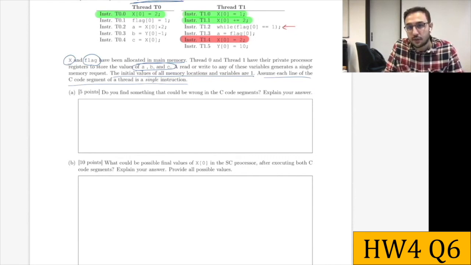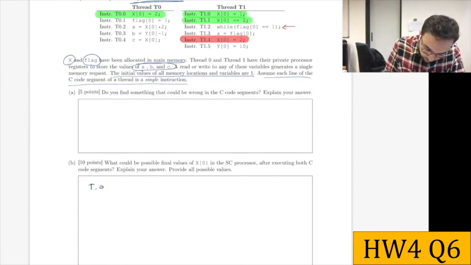These instructions can execute in different orders. Sequential consistency guarantees that T11 will be executed after T10. So all possible orderings are just 3 of them. T00, T10, T11.